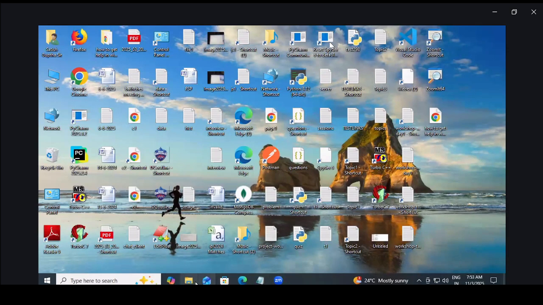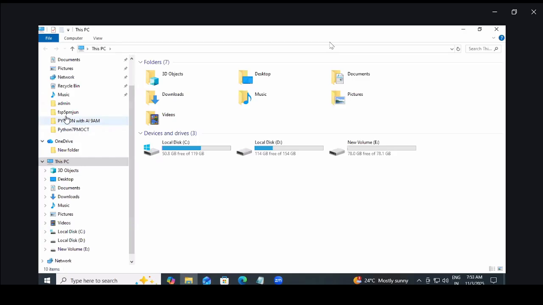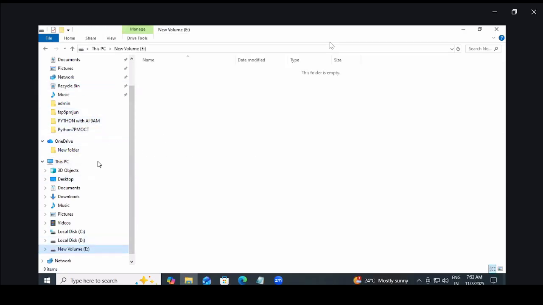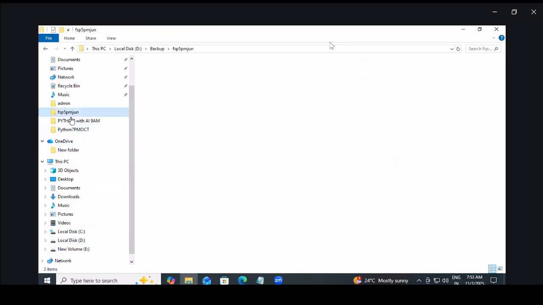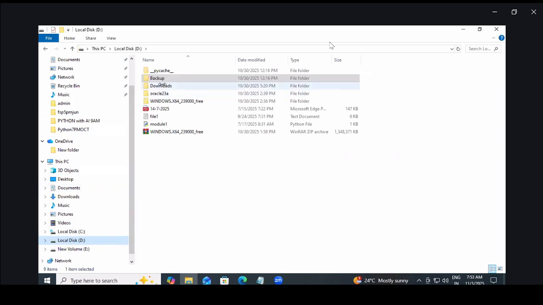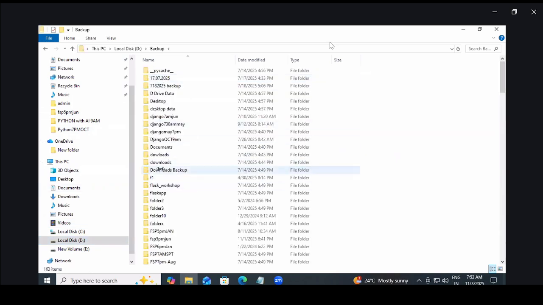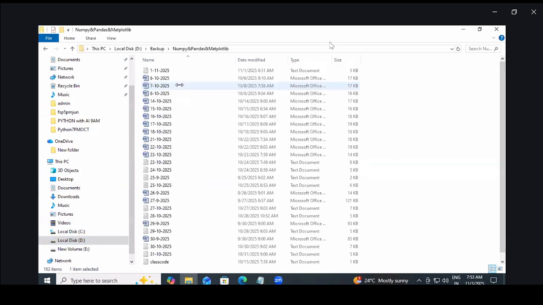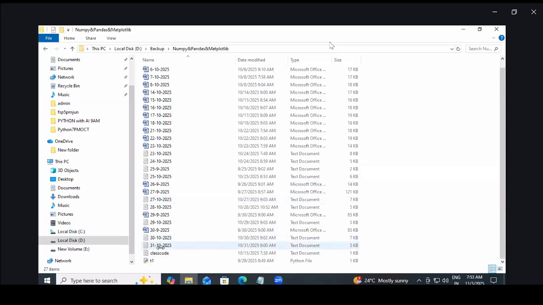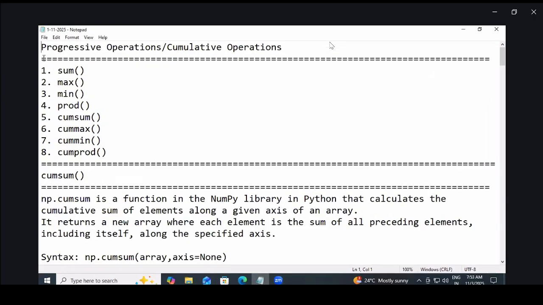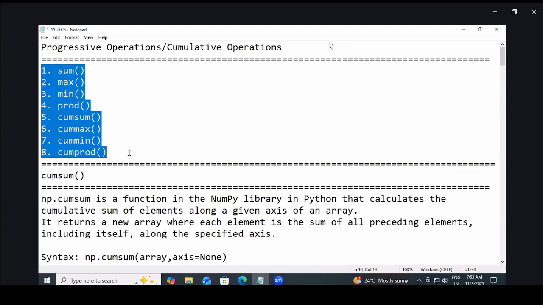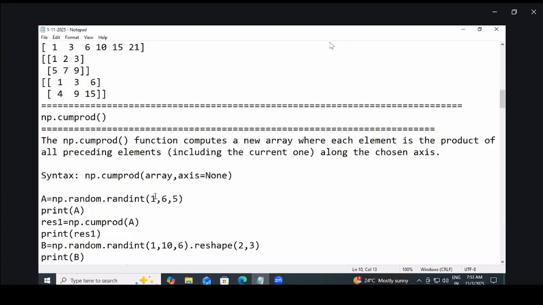In the previous class, we have seen how to work with this. I spoke about progressive operations or cumulative operations, and we have seen all these functions.